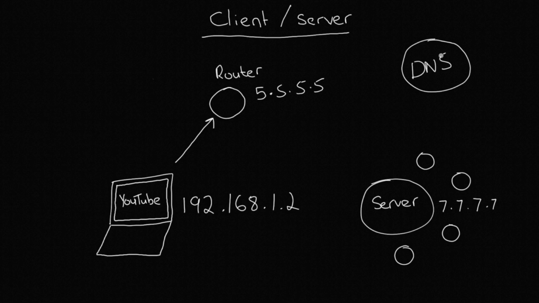The DNS stands for Domain Name Service, and this is actually another type of server, and we'll say its address is 8.8.8.8. And our router will make a request to this DNS service, and it'll say, hey, look, I know who you are.